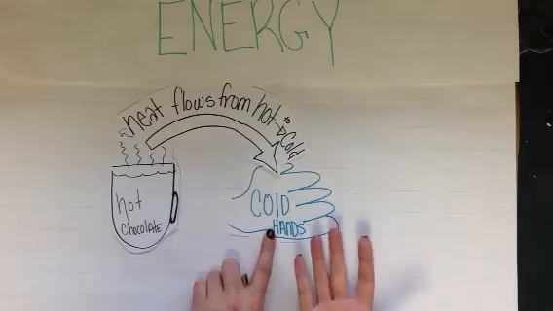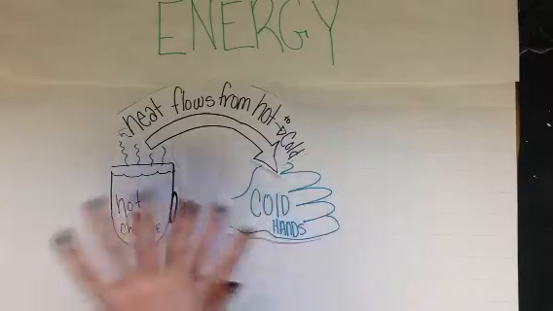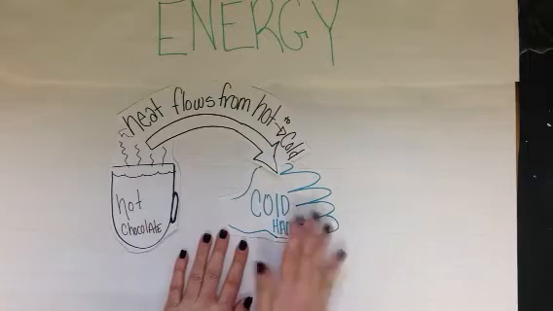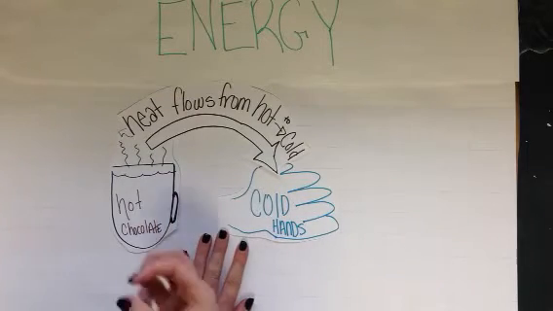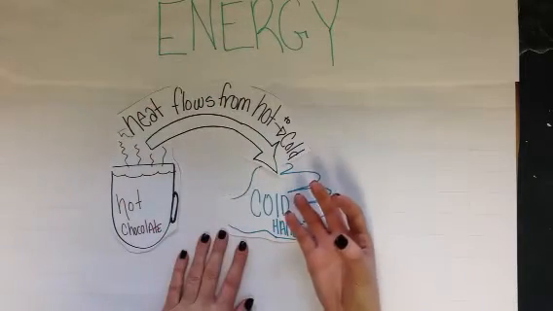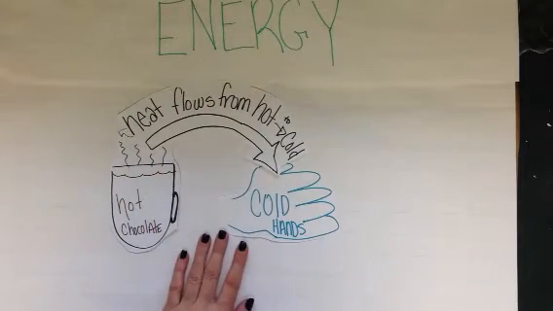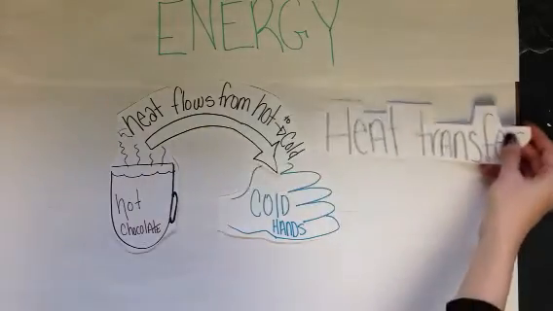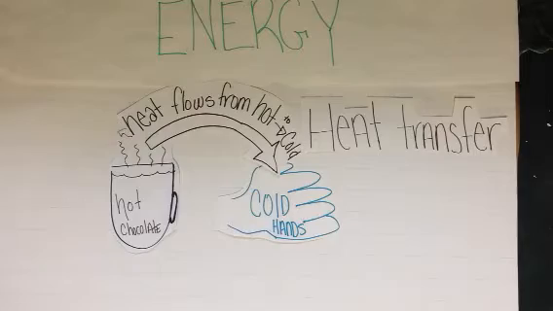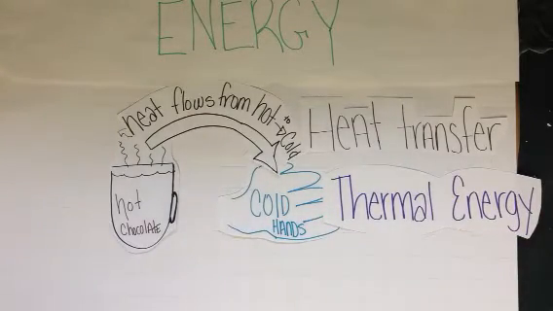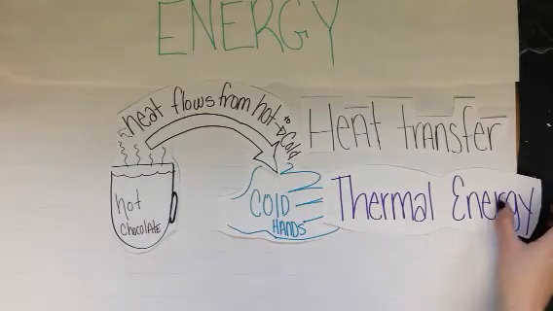This transfer will stop when the two have reached a similar temperature. So your hot chocolate is no longer going to be as hot because that energy is being transferred into your cold hands. And your cold hands are now going to feel warmer. This heat transfer is known as thermal energy. Thermal means heat. So we are transferring our heat from hot to cold.